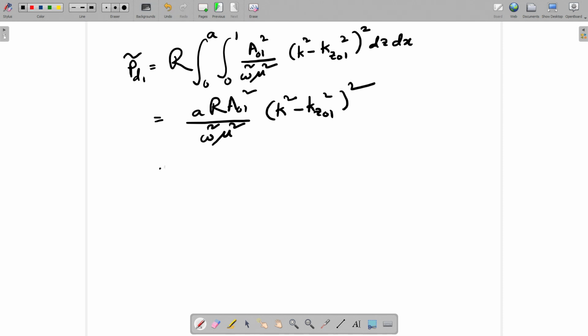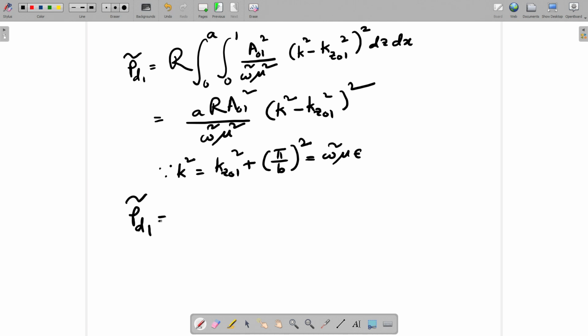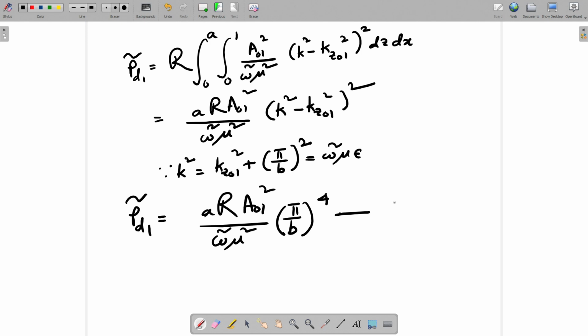And since k square is kz01 square plus pi by b whole square, that is omega square mu epsilon, we have the expression for PD1 tilde given by A R A01 square by omega square mu square, pi by b to the power 4. So, you can call this expression 59.